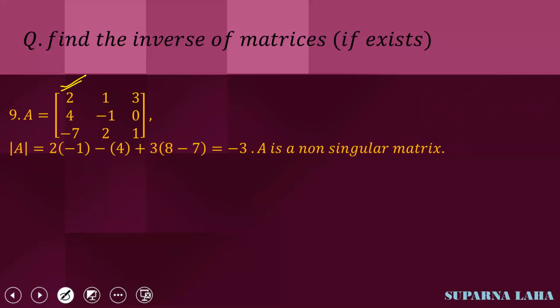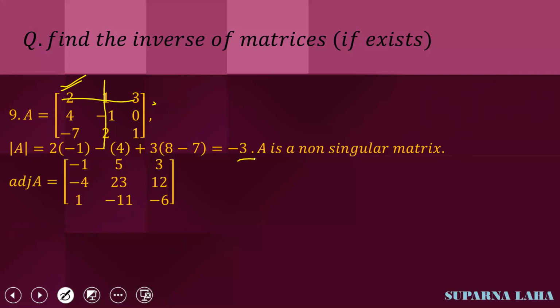So 2 into minus 1, and then minus 1 into, just remove this 2 line, there will be 4, and then 3 into 8 minus 7. So the answer is minus 3. Definitely it is non-zero, so it will be a non-singular matrix. Now then find its adjoint.